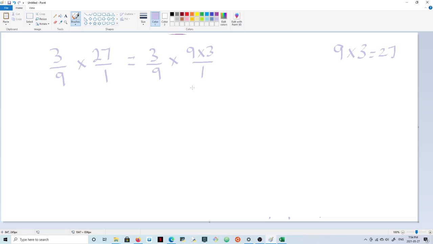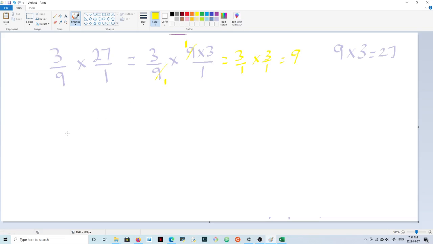So now you're just going to cancel the 9 and the 9. When you cancel here, you get 1 and 1, and you're left with 3 upon 1 times 3 upon 1, which is equal to 9. This is one way of working it.